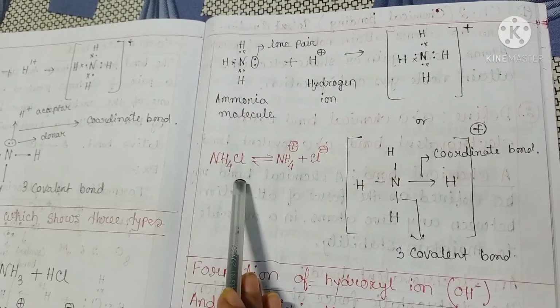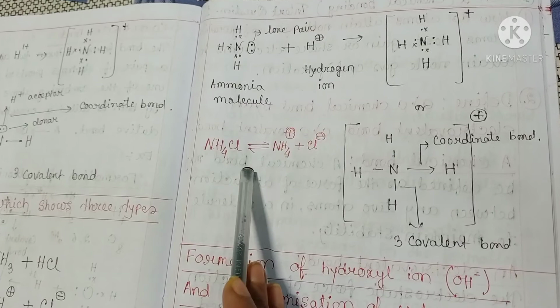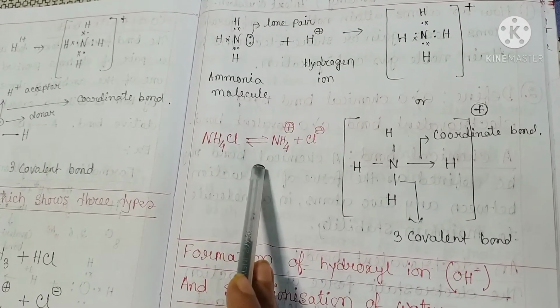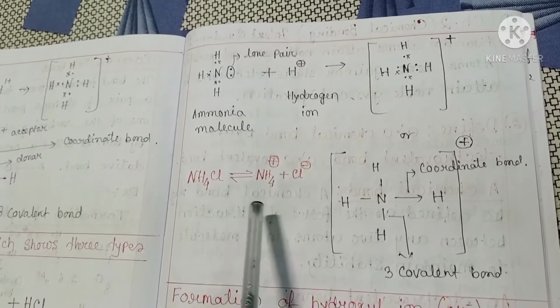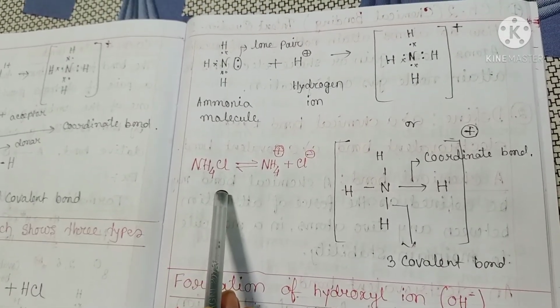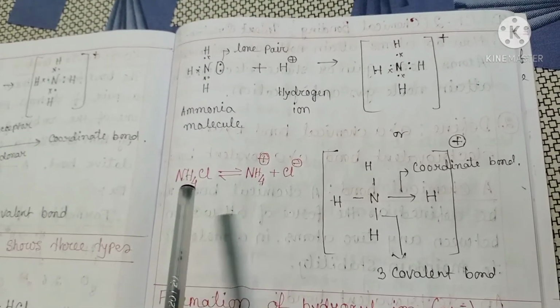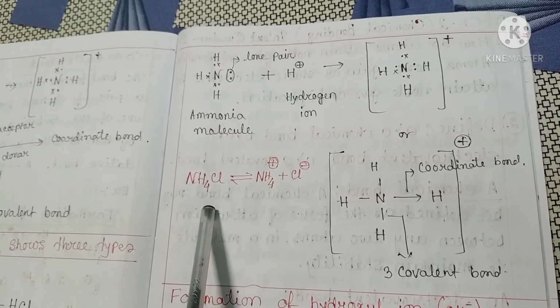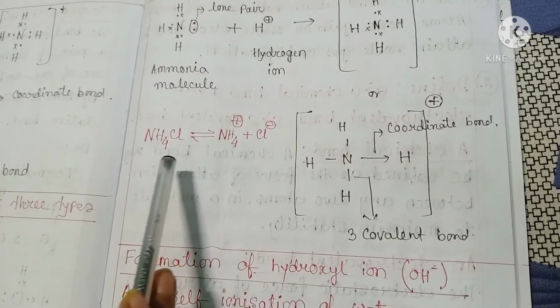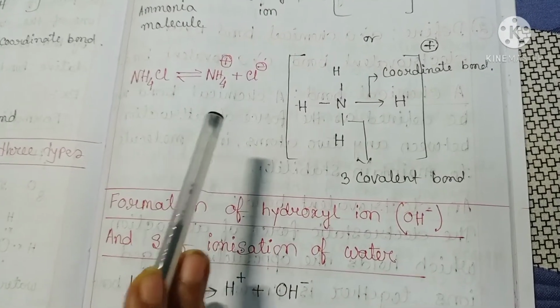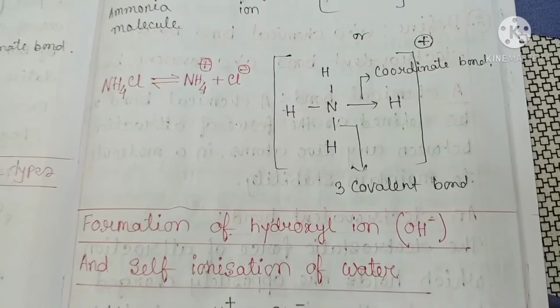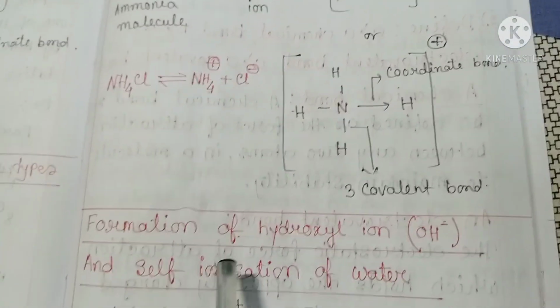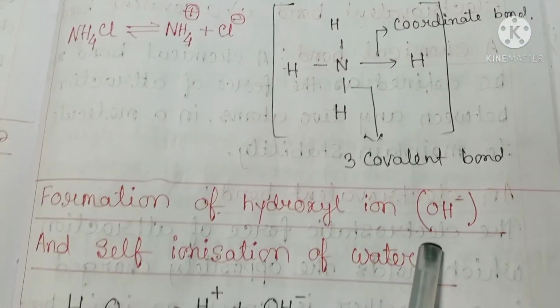Thus, in NH4Cl, all three bonds, ionic, covalent and coordinate, are present. So, NH4Cl is an example of a compound which has three types of bond: ionic, covalent and coordinate. Now, I'll discuss the formation of the hydroxyl ion.